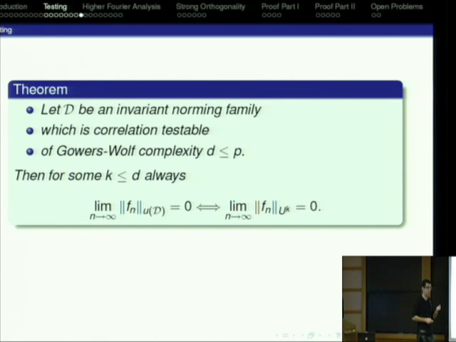So is this correspondence also holding for the same n, or do you say for some n if the U^D norm is large, then for some other n the U^k norm is larger? No, it doesn't matter, you can take any sequence. He's asking how uniform in n you are?